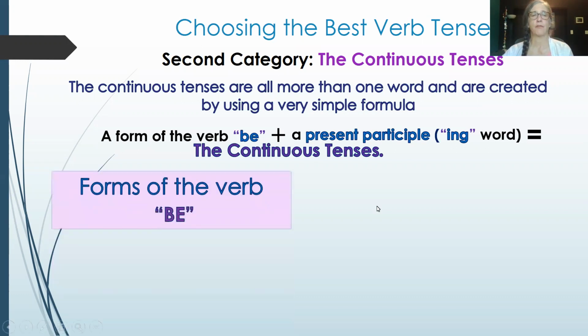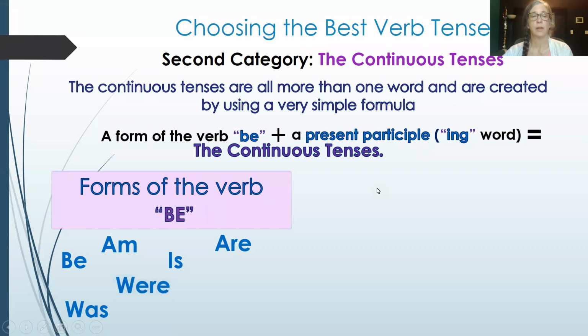So let's look at our forms of the verb be. Be, am, is, are, was, were, being. Remember last week when I told you every single verb has a present participle? Well, being is the present participle for the verb be. And remember when I told you that every single verb has a past participle?